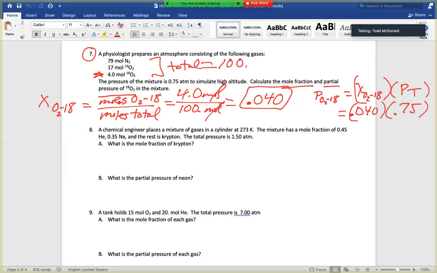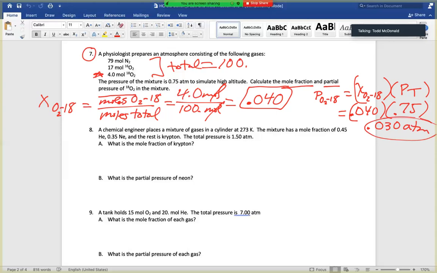And if I punch that into a calculator, basically what I'm doing is taking 4% of 0.75. And I get 0.030, keep my 2 sig figs, atmospheres. That is the pressure of just oxygen 18 in that mixture.